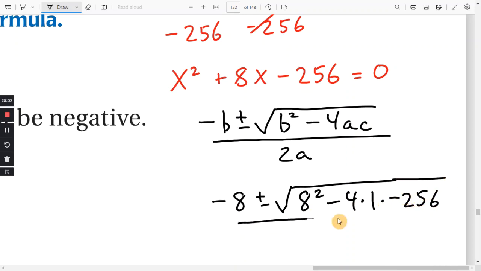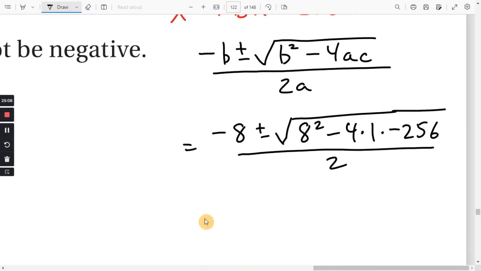And that whole thing is divided by 2 times a, or 2 times 1. Phew, okay, let's see. Negative 8 plus or minus. I'm going to do this radical part on the calculator.